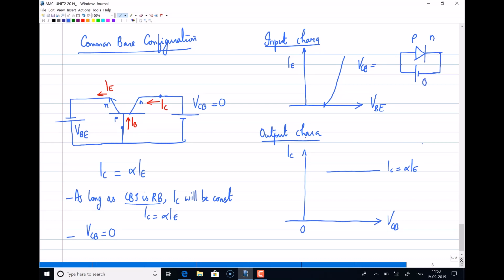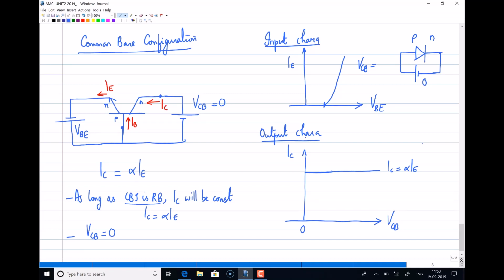You have a PN junction. If this voltage is 0, will the junction be forward biased? No, this junction will not be forward biased. That means even for VCB 0, the junction is still reverse biased, and if the junction is reverse biased, you can actually expect a current. That means IC will be equal to alpha IE even for VCB equal to 0.